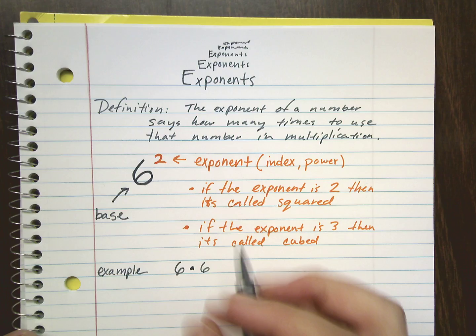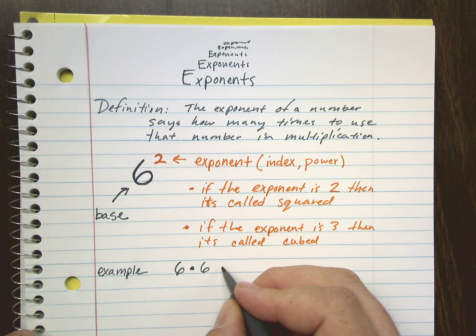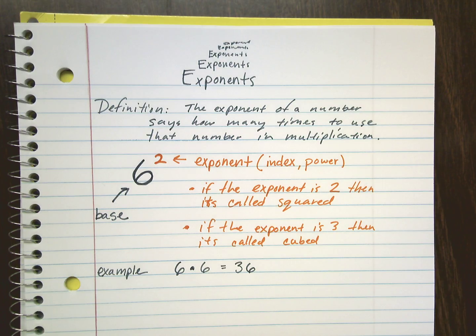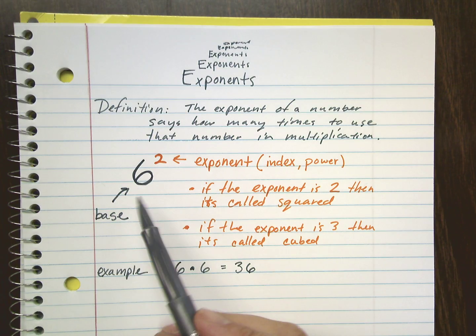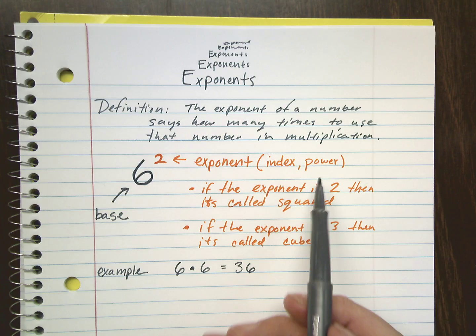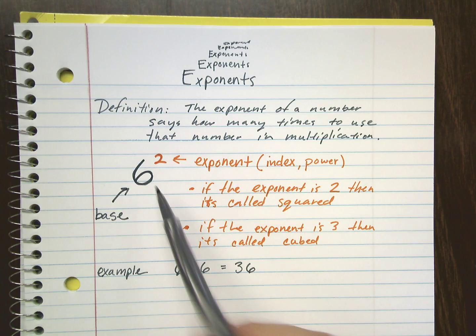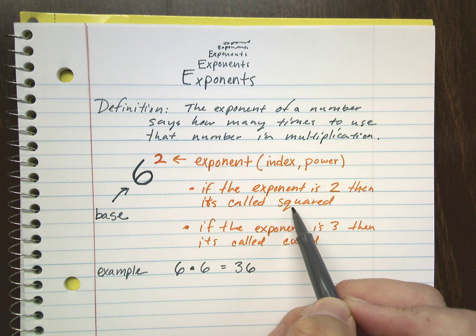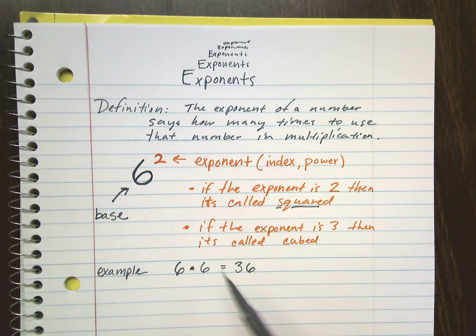I'm using it 2 times. And 6 times 6 is 36. So when we say 6 to the power of 2, the answer is 6 times 6, which is 36. Or if we say 6 squared, then 6 times 6 is 36.